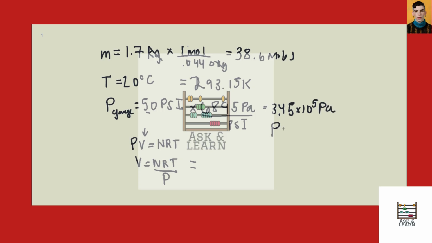And then you need P absolute, so that's P gauge plus the atmospheric pressure. So that's 3.45 times 10 to the fifth plus 1.03 times 10 to the fifth. What a big number. That 5 looks ugly, so let's erase it and make it look nice.